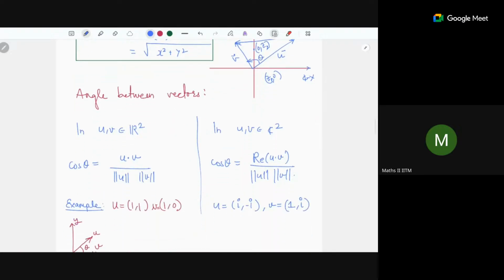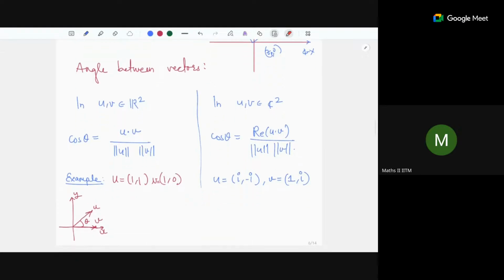Let's first recall what the angle between two vectors in R2 is. Suppose you have two vectors in R2, u and v. The angle between them, that means the cos value of that angle, is u dot v divided by the length of u times the length of v. For example, if you have these two vectors (1,1) and (1,0), then what is cos theta?